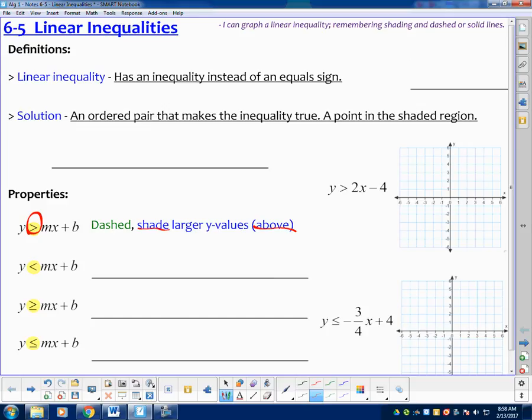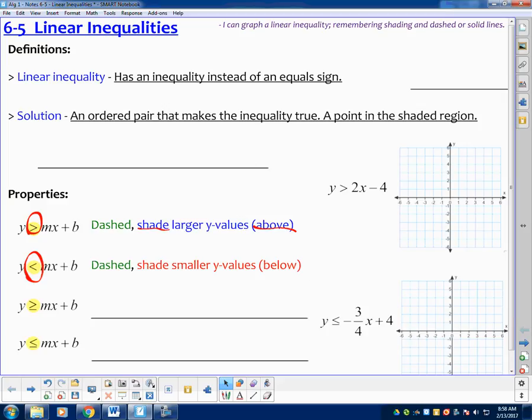Okay, and I'll show you what that means in a second. If you have less than, it is still a dotted line, except you are shading below.